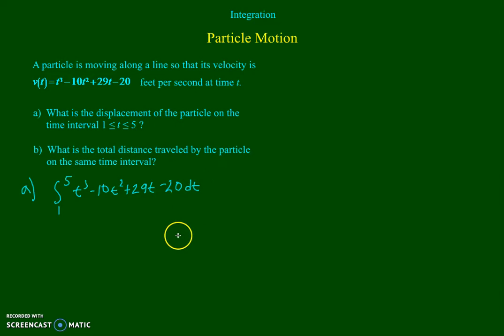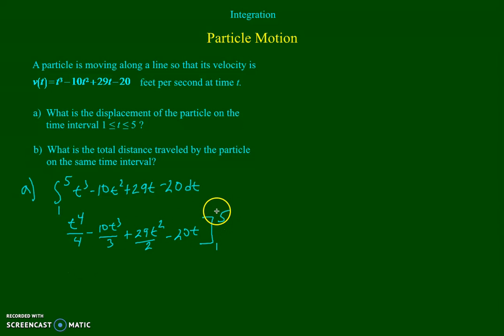dt. This yields us t to the fourth over 4 minus 10t to the third over 3 plus 29t squared over 2 minus 20t, evaluated from 1 to 5.